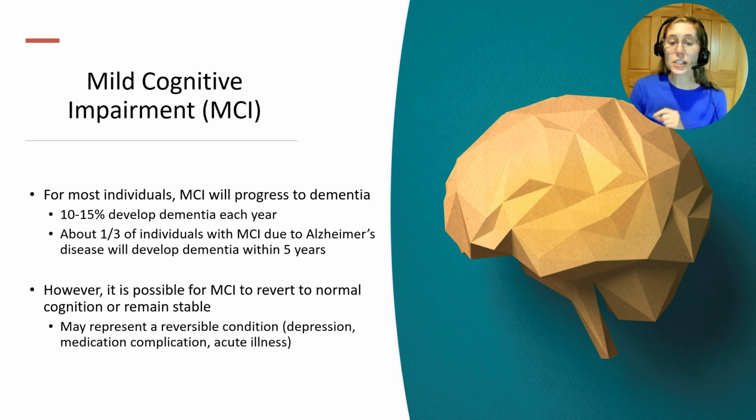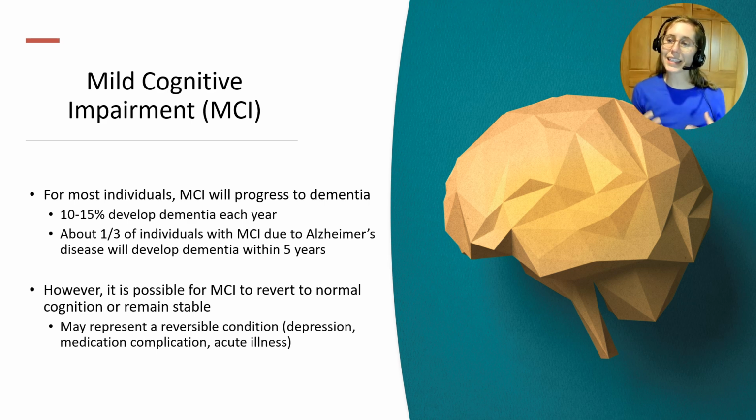However, it is possible for those with MCI to actually revert back to normal cognition. Now, how might that be? Well, we think that this likely represents when someone is diagnosed with MCI and they have a reversible condition, such as depression, a medication complication, or maybe an acute illness.